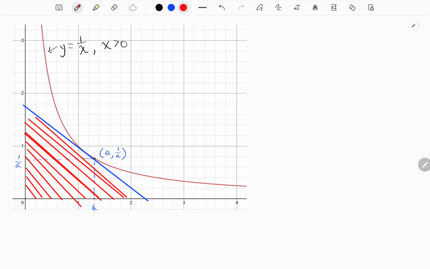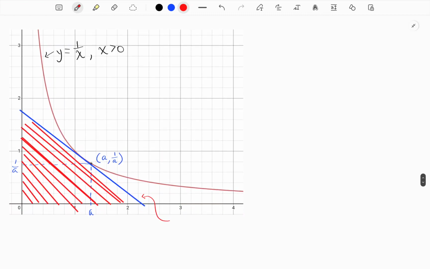So let's see what we do here. We want to find, first of all, the equation of this line that is tangent to the graph of this function at a point given to us. And we do that with derivatives. So first we need to find the slope. If y is equal to 1 over x, then dy over dx is equal to minus 1 over x squared.